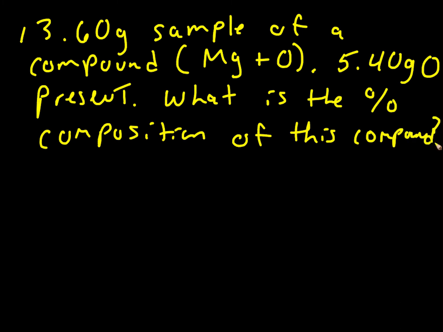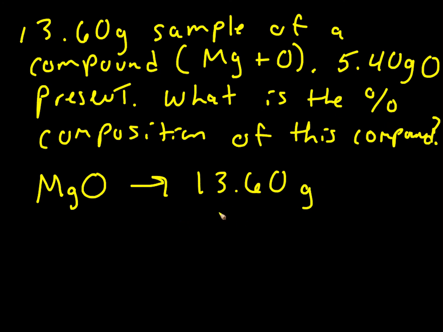So if a question ever asks you what's the percent composition of this compound, they want to know the percent composition of each element in the compound. Now we need to figure out our compound. So we have magnesium and oxygen. So we know we have MgO. So they tell us the mass of our sample, 13.60 grams.